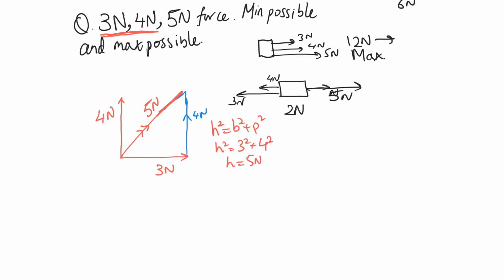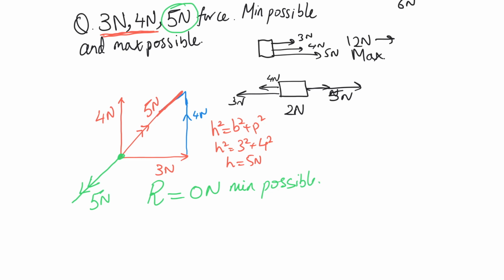Now we pick up this 5 newton force and we put it exactly opposite the resultant of those 2 forces. This is 5. So what is 5 minus 5? 0. So your resultant force is 0 newtons, and this is the minimum possible force.